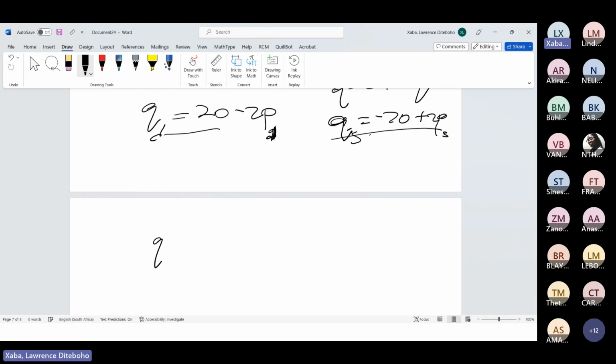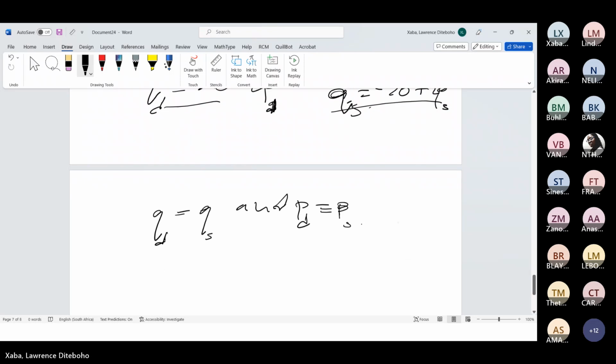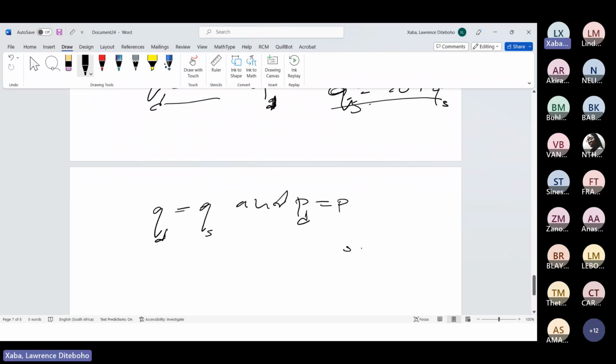We say QD equals QS, and we also have PD equals PS. So now we want to find the equilibrium points of these two.